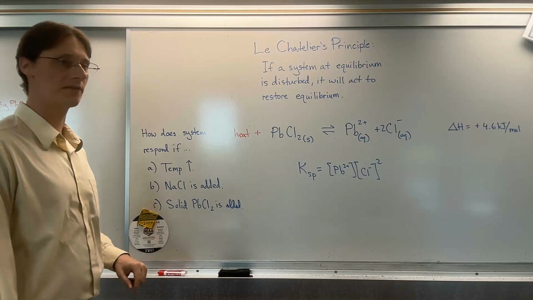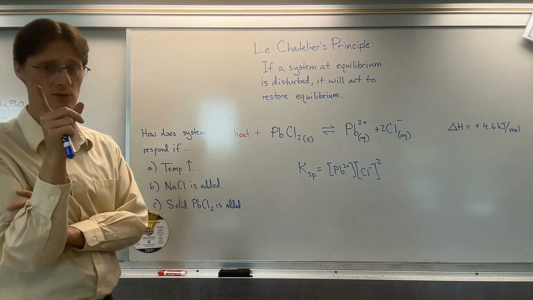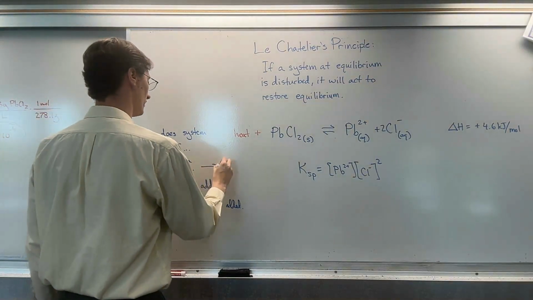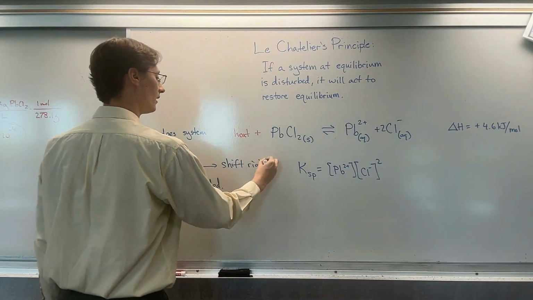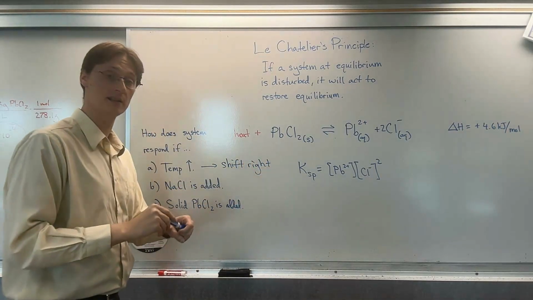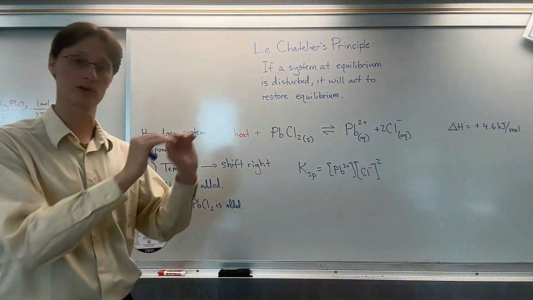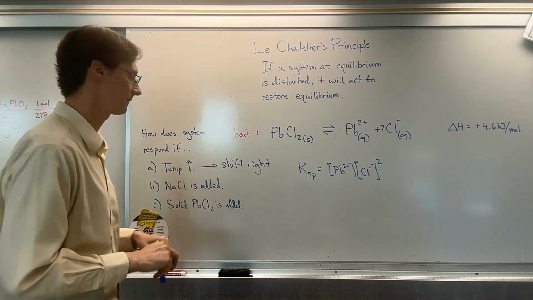Increasing the temperature would shift the reaction. If you said to the right, you are correct, right? So this would shift right. Again, what shifting right would mean is we would get more lead and more chloride produced, right? The concentrations of both of those things would go up.